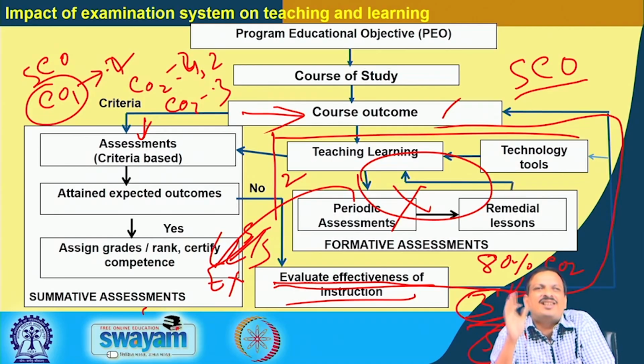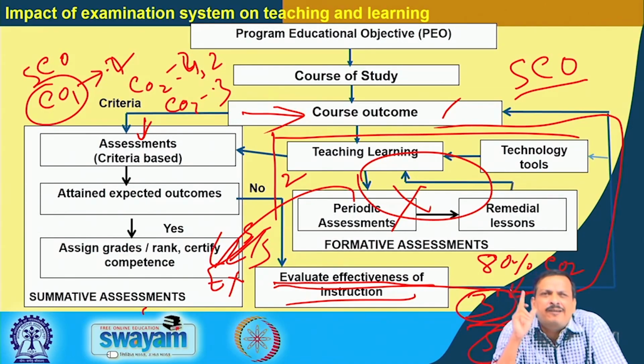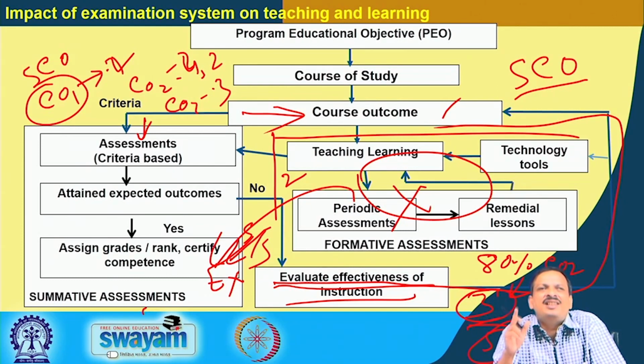That should be very much clear. That is the basic role of the teachers. So, the basic purpose of examination, in a nutshell I can say, is to reinforce teaching and learning. It is not to provide marks to the students. Marks to the students is a secondary issue. The first issue is reinforcement of teaching and learning.